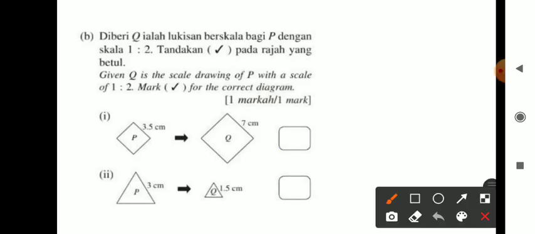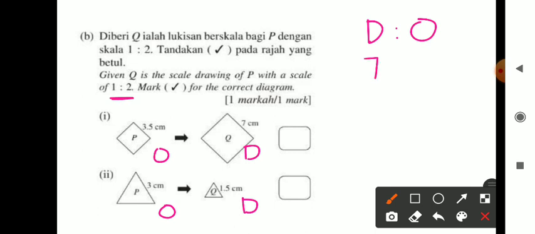B. Drawing to original. It is said that Q is the drawing. This is the original, Q is the drawing, this is the object. So now you compare and see which one you'll get 1 to 2. Let's say this one, 7 and 3.5. Which one gets 1 to 2?